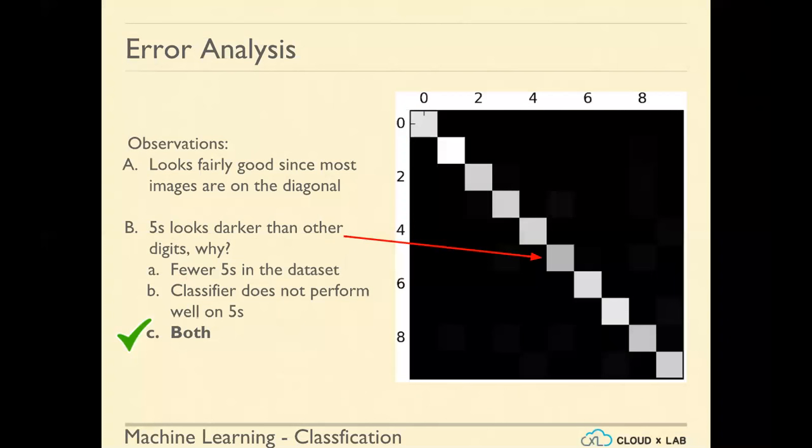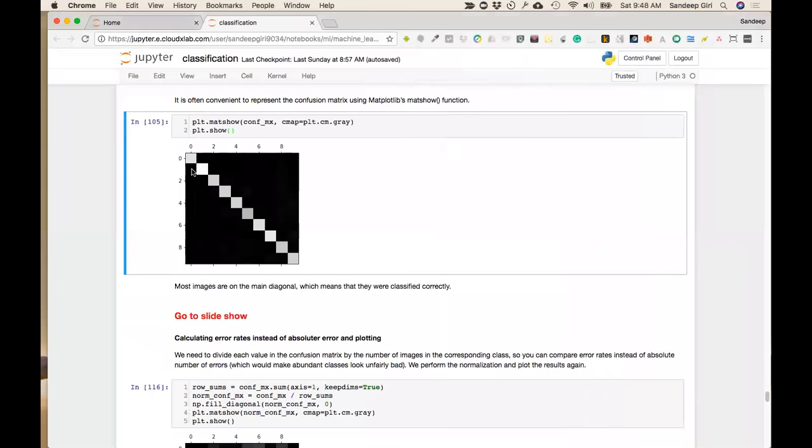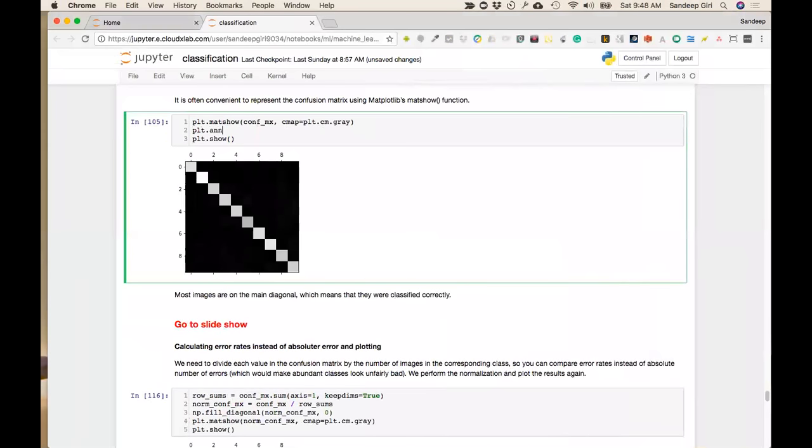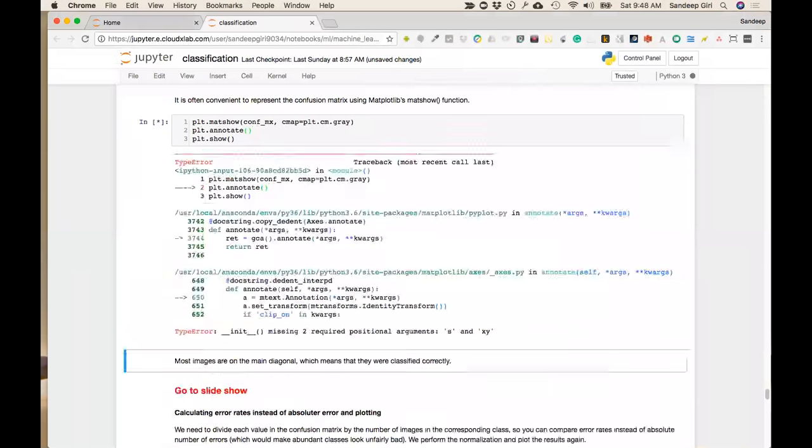A question from Kamal: is there a way to put a number in this plot? Maybe we can just enable the legends, or we can enable the labels. I think that should do it. I'm not very great with the plot, by the way. Thank you, Gopi. Will it do if I just say plt.annotate? Let me see how it looks.